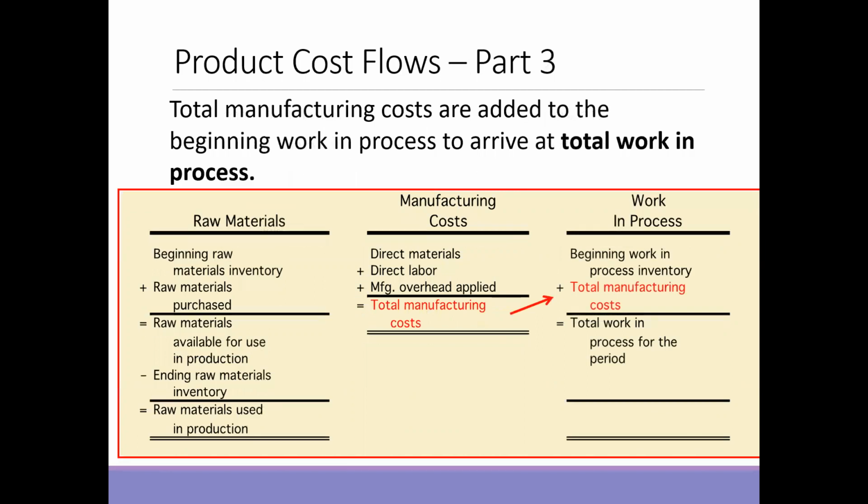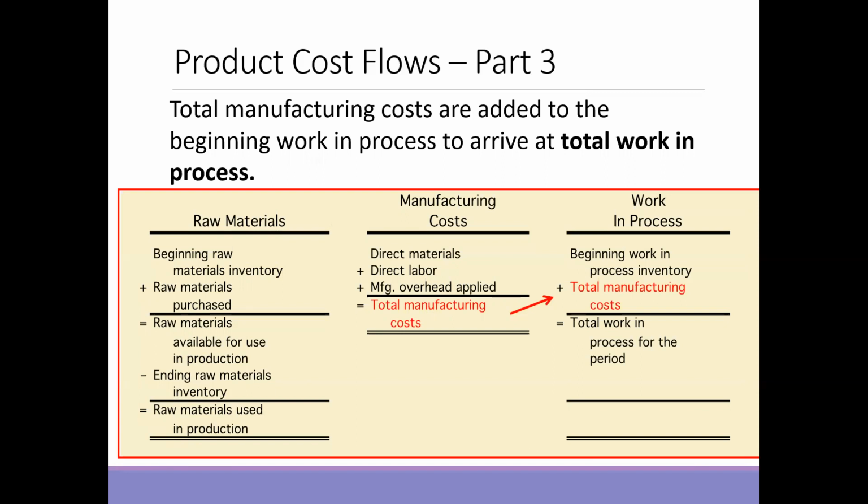So this work in process account will always have a beginning balance and pretty much always have an ending balance. What's still being worked on at the end of the period. But during the period, we're going to add these manufacturing costs to the work in process as we're transferring them in.